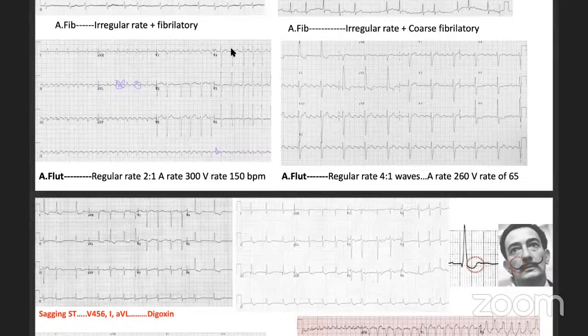One minute. Not able to mark it. So those two are the fibrillatory waves, flutter waves.